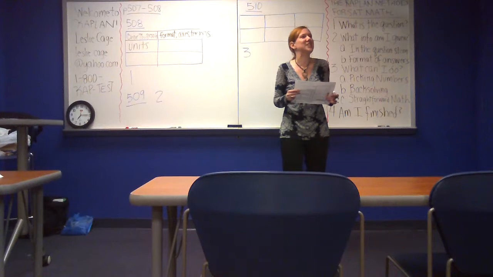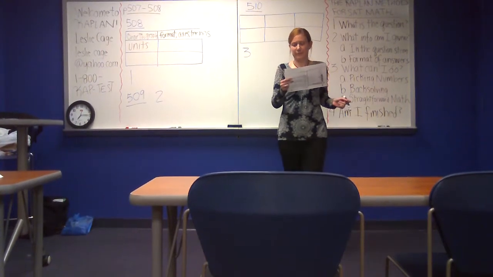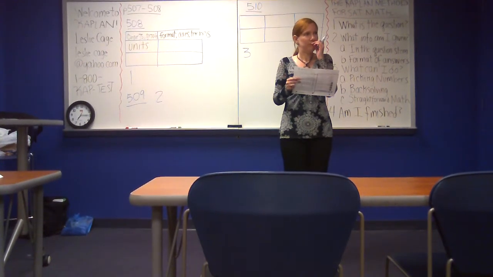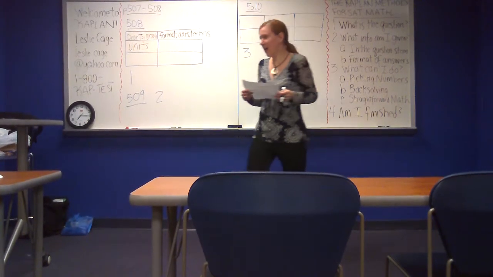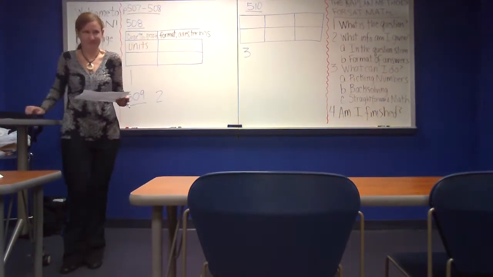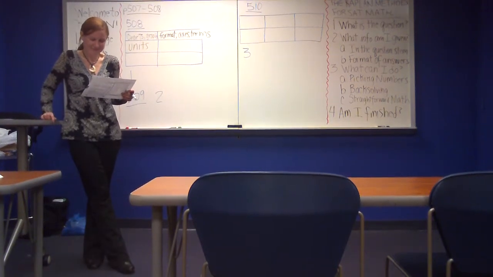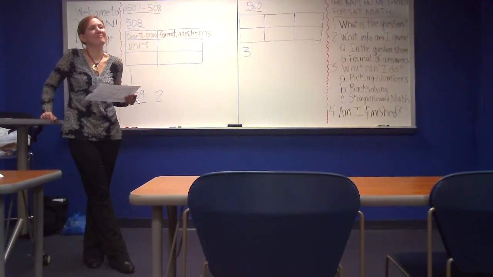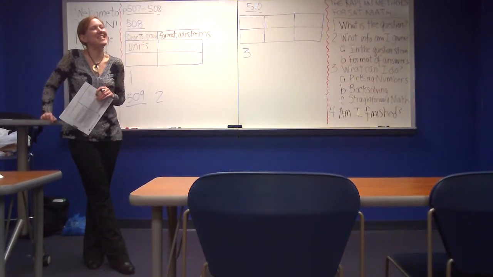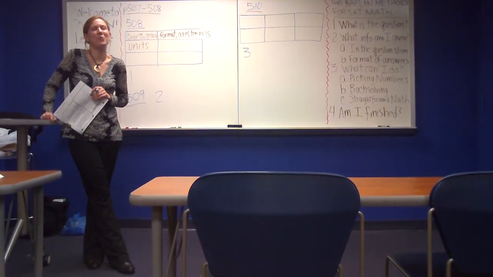Okay, let's have Brian read the next one. Harder questions will require you to pull together data from more than one graph or chart. A set of 2 or more charts is called what?